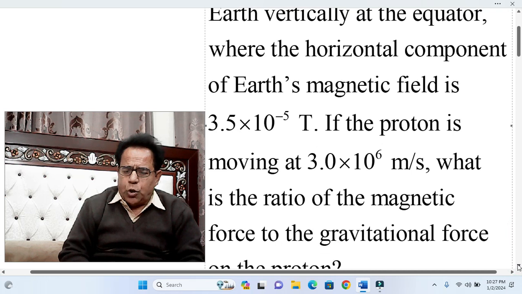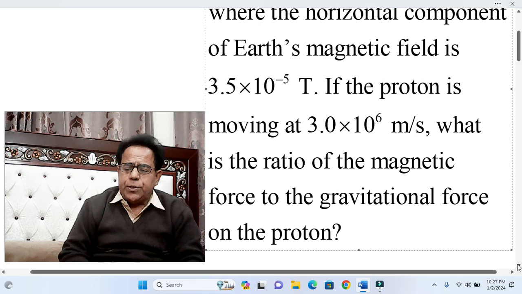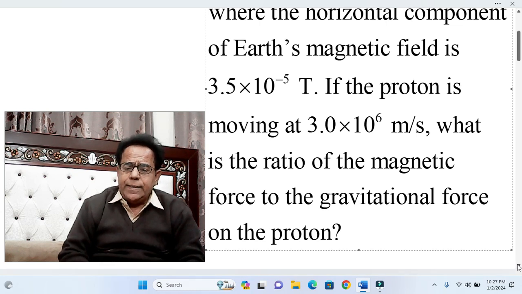If the proton is moving at 3.0 × 10^6 meters per second, what is the ratio of the magnetic force to the gravitational force of the proton?